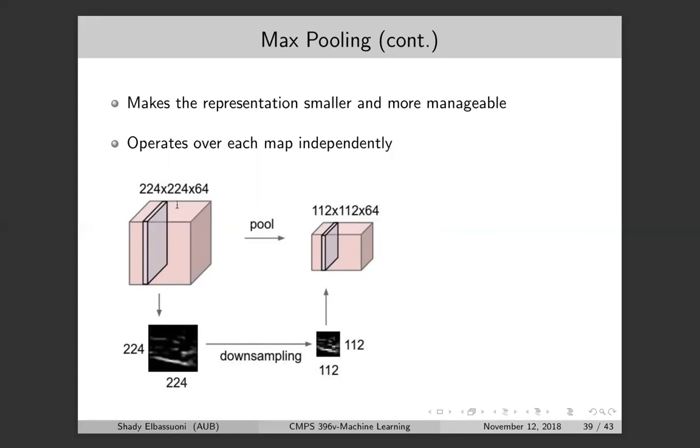Why by 64? Because it acts over every map independently. And why 112 by 112? Because I'm assuming I'm using a 2 by 2 maximum pooling filter with a stride of 2. So it does a downsampling. You take the image and downsample it to half the size, for instance.